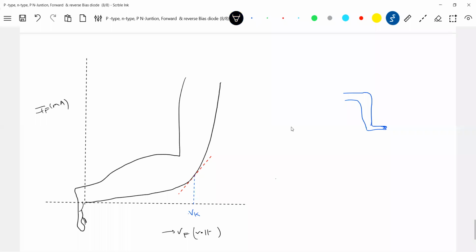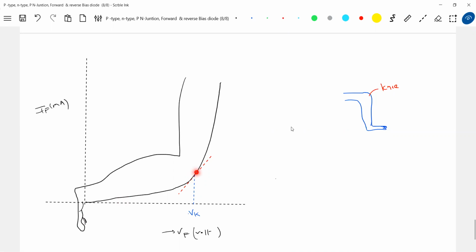This curve is similar to a knee, am I right? This part is a knee, and this is called a toe. It is similar to a bent leg, so this is called the knee voltage.